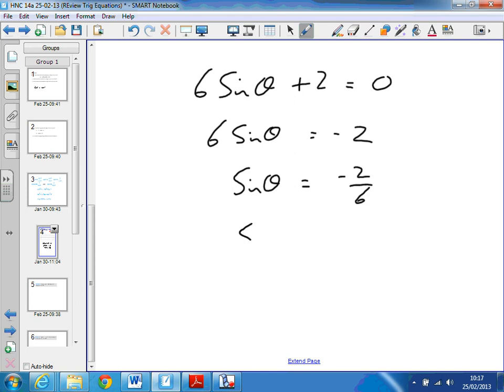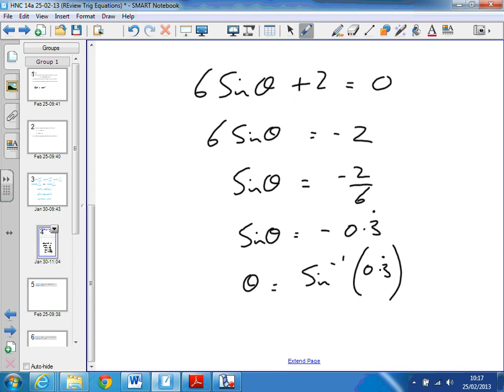So sine theta equals negative 0.3 recurring. It's just like an algebraic equation: you do whatever you do to one side, you do to the other. With a trigonometric equation, we're then often left with the next step, which is to find theta, the angle whose sine is this. So theta equals sine to the -1 of negative 0.3 recurring.